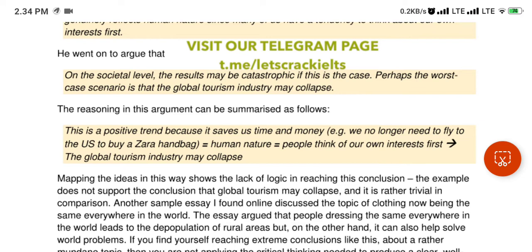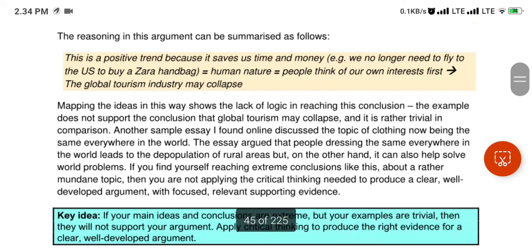The reasoning in this argument can be summarized as follows. This is a positive trend because it saves us time and money. Example: we'll no longer need to fly to the US to buy a Zara handbag. Human nature: people think of our interests first. The global tourism industry may collapse.